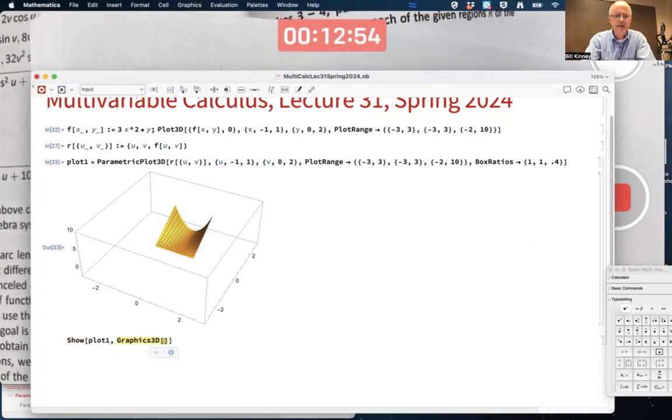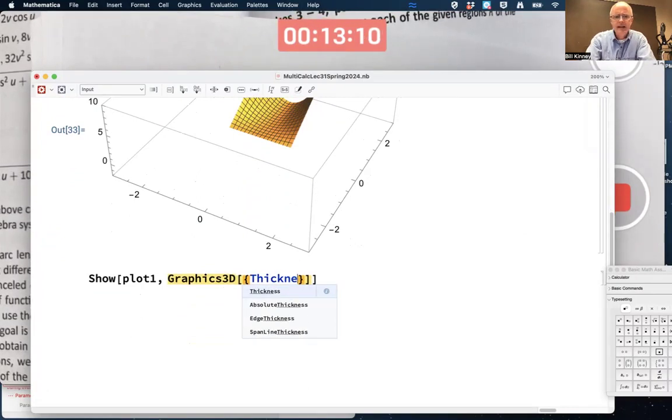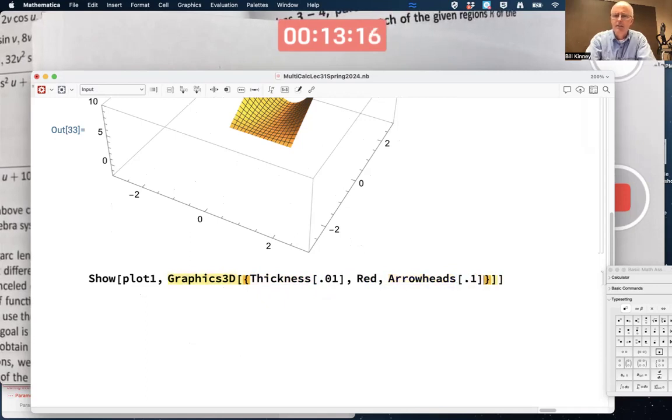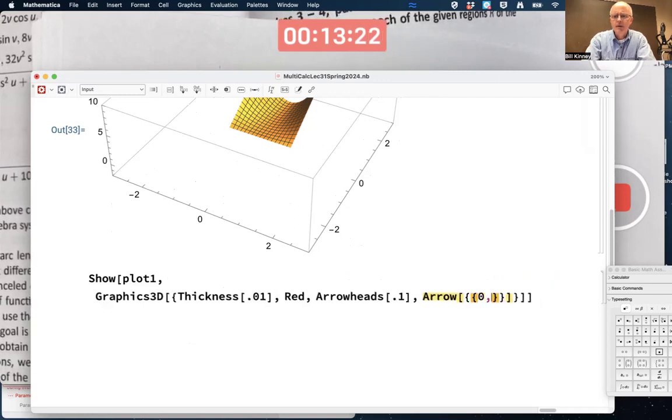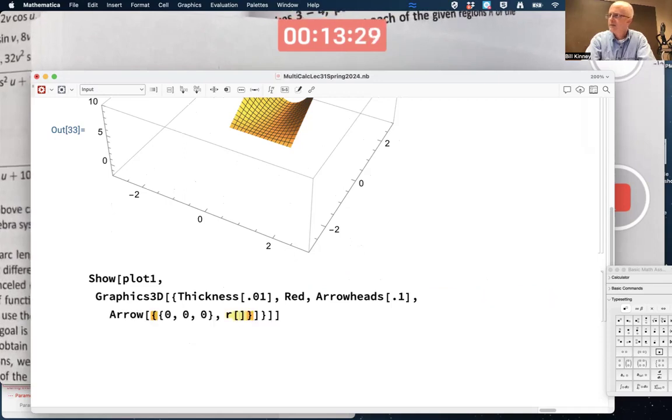Use Graphics3D to make arrows, individual arrows, not vector fields. Maybe Thickness 0.01, Red. Arrowheads can make the arrows easier to see. 0.1, I think might work. Arrow. Start at the origin, {0, 0, 0}, and go out to some point R of that point. U equals, I don't know, 1, V equals 1.